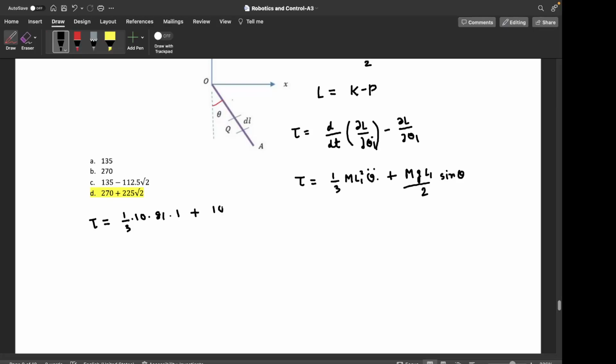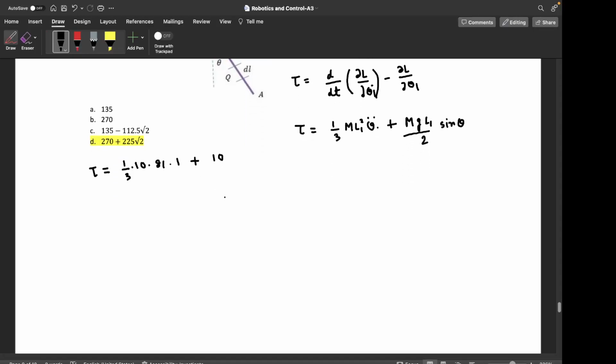And m is 10, g is 10, L is 9 by 2, and theta is pi by 4, so sine is 1 by root 2.